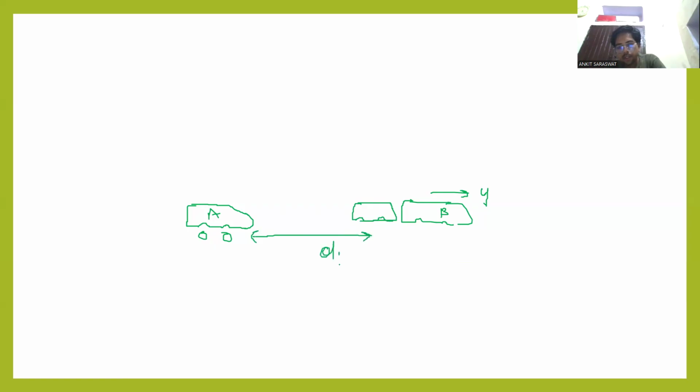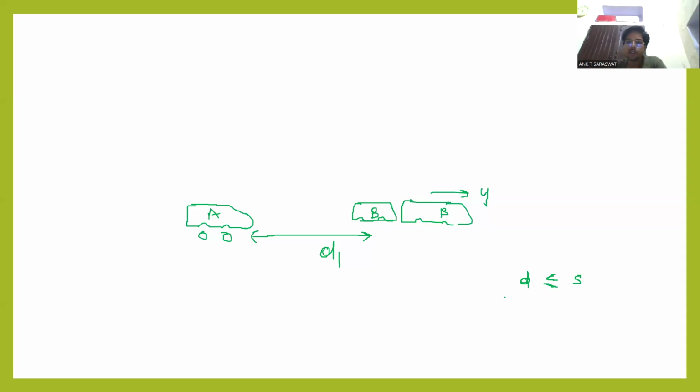This much. Almost, it is very, very close to S. So our objective is that these two should not collide. So this D, whatever distance you have calculated, should be less than the initial separation. Clear? Less than or equal.